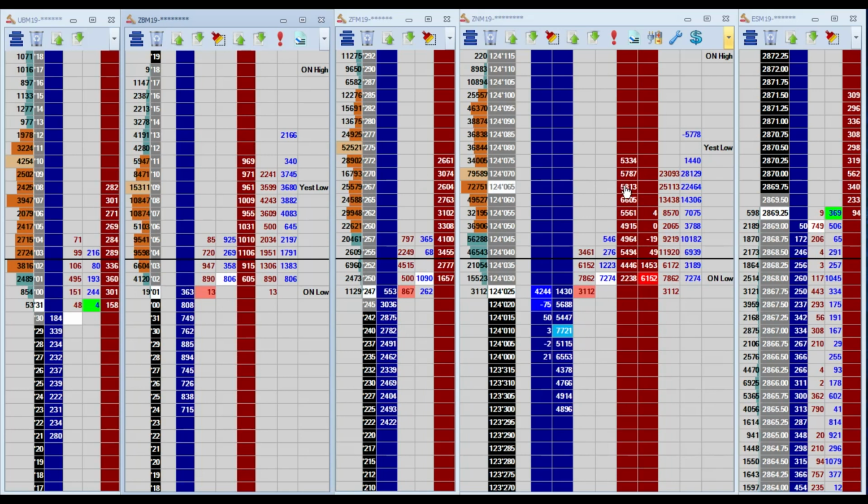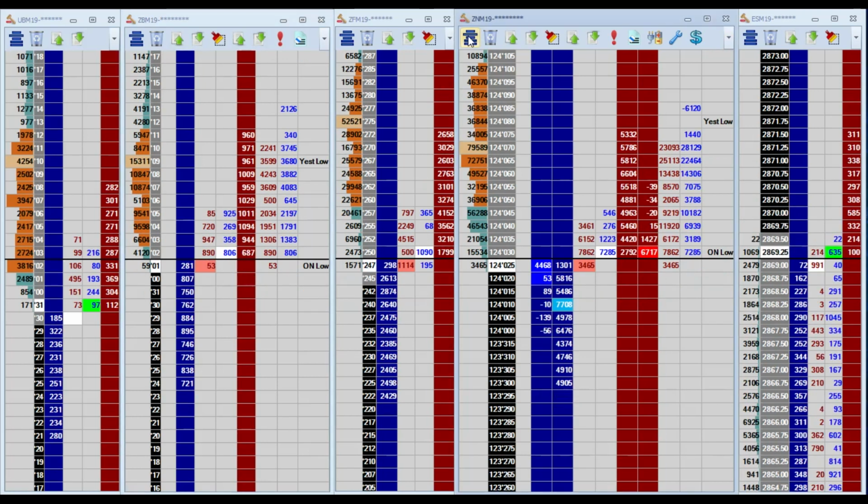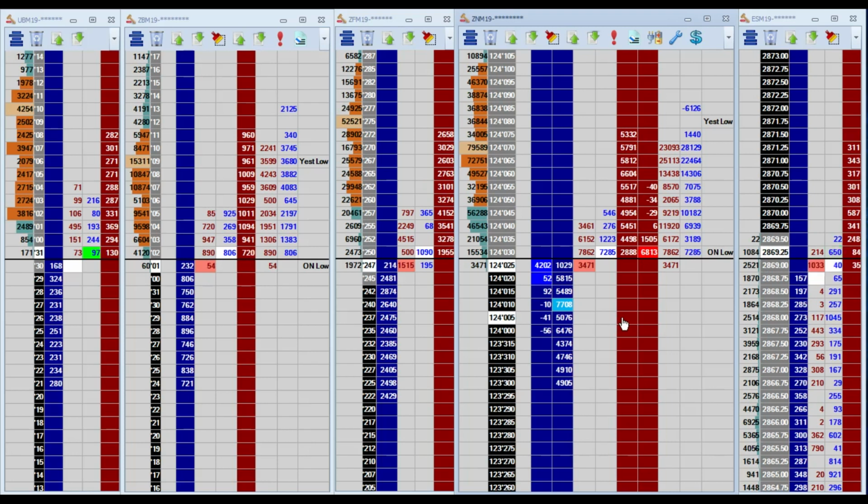Sellers just came in and just marched this all the way down, and it's been unrelenting. They haven't stopped. No back ticks, nothing. Just push this all the way down. It's been pretty impressive, actually. A lot like yesterday.